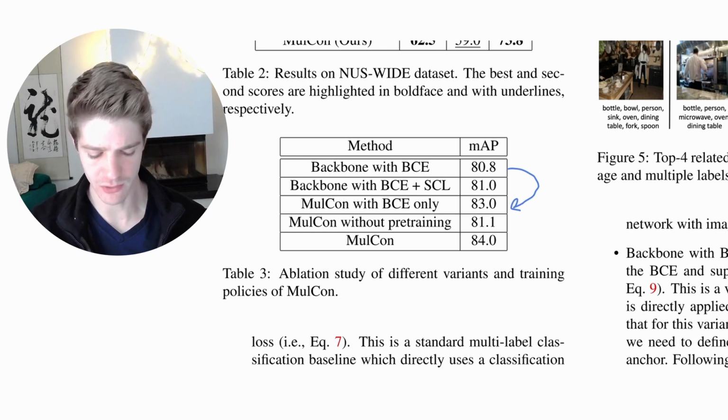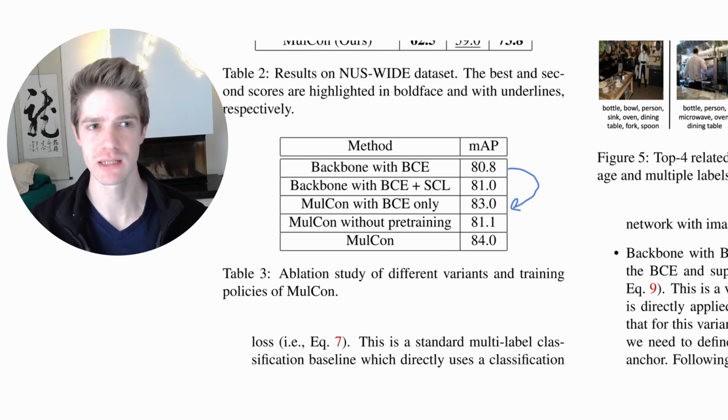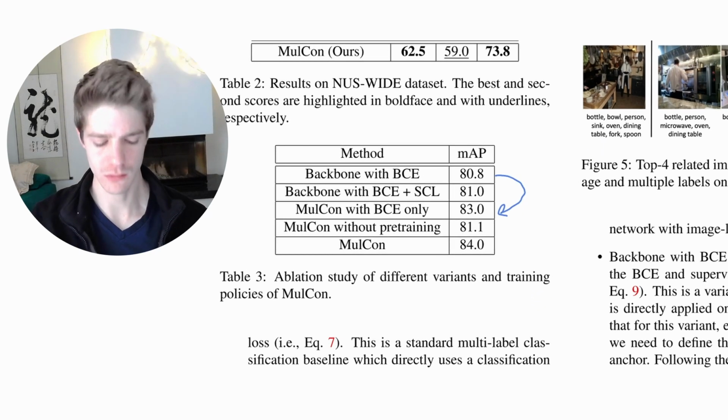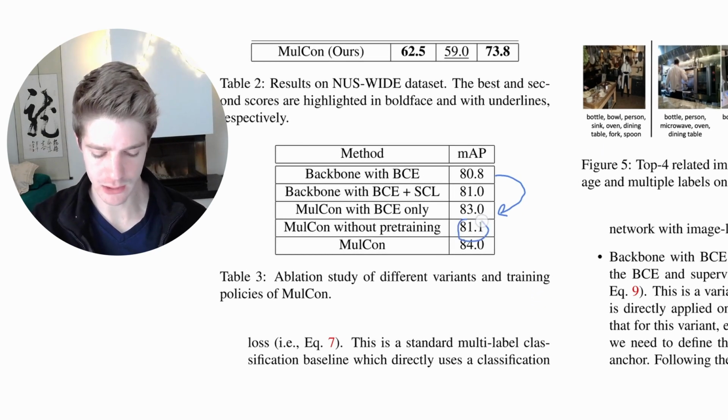And that's very, very interesting. Maybe creating a specific embedding for each class helps the network to better differentiate between them. Also, without pre-training, it falls behind with a mAP, mean average precision, of 81.81 compared to the 84.